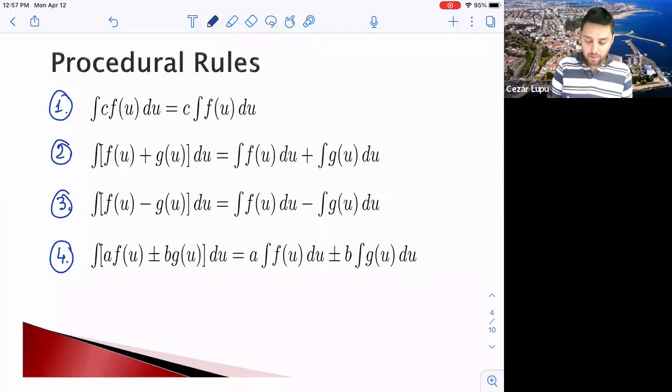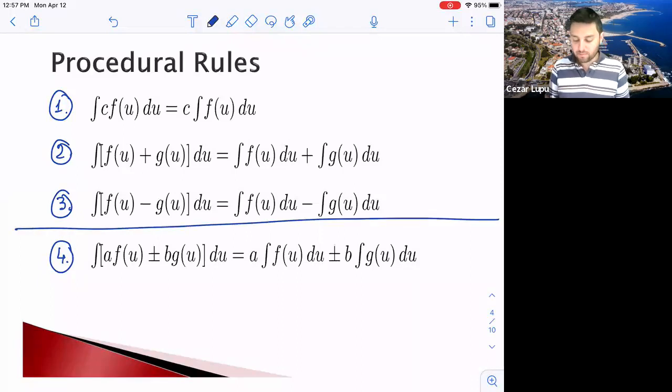In fact, let me draw a line here because I'd like to make an observation. The second property is actually very nice. It says that you don't have any problems when you add up functions and then you integrate them, because the integral of the sum is the sum of the integrals.